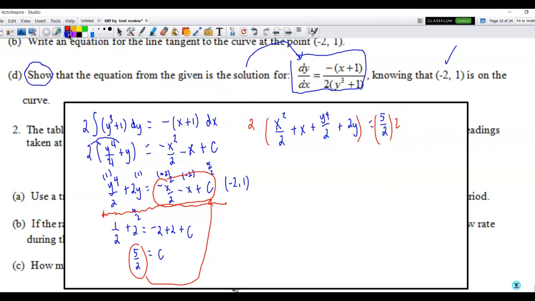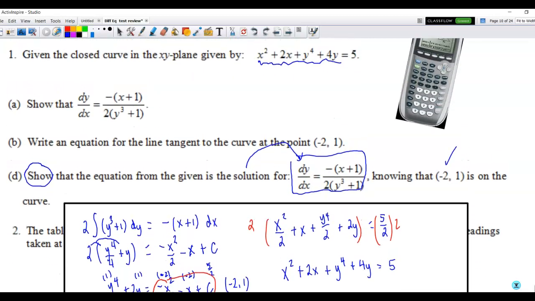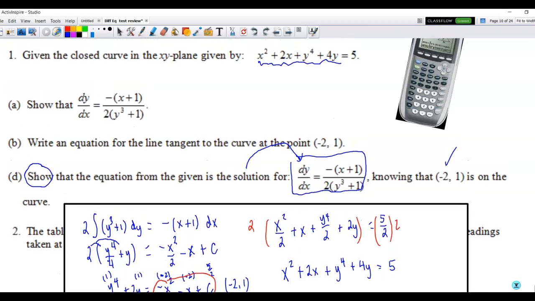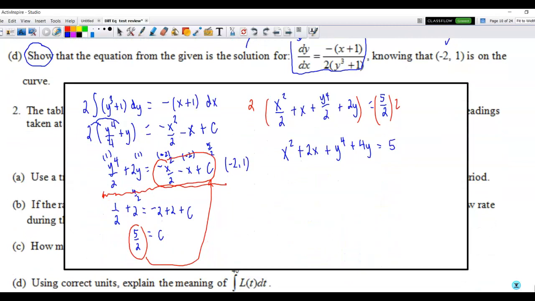If I distribute that 2, that will give me x squared plus 2x plus y to the 4th plus 4y equal to 5. Alright, so let's compare that to the given equation: x squared plus 2x plus y to the 4th plus 4y equal to 5. So I have demonstrated, shown, proven that the solution to the differential equation that they gave me is what they said it would be.